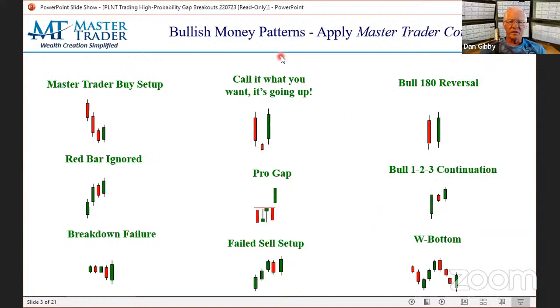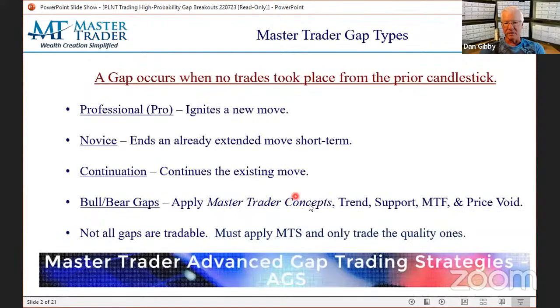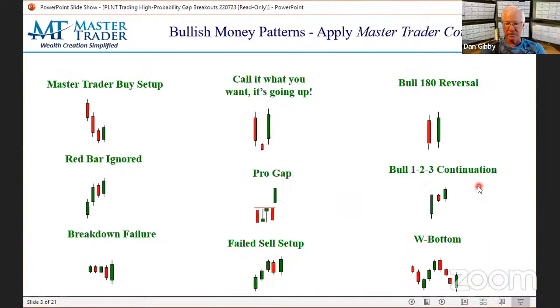So we call these bullish money patterns. All 9 of these independently are bullish. Now, as I said, we have to apply the other Master Trader concepts, this being some of them here: trend, support, multiple time frames, relative strength, weakness, price void.